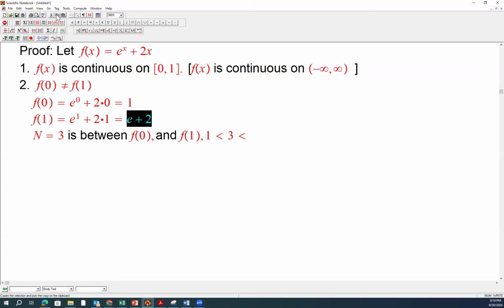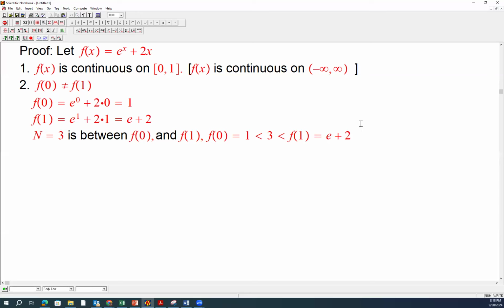E is 2.7, so e plus 2 surely is larger than 3. So you can write it that way, and if you'd like to write it that way, that's fine. Okay. So 3 is in between.